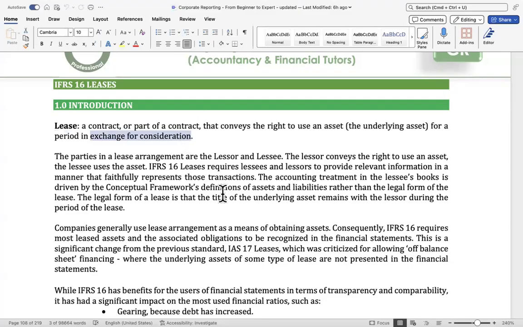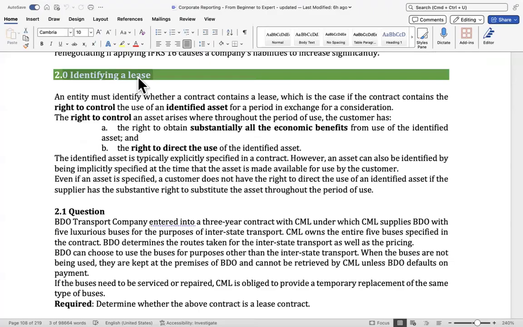So we immediately went on to how to identify a lease in a contract. When you have a contract, how would you know that this contract contains a lease? You said the key word there is right to control. Where the party that has the right to use an asset, who is not the owner, is the party that has the right to control an identified asset, then there is a lease in that contract.